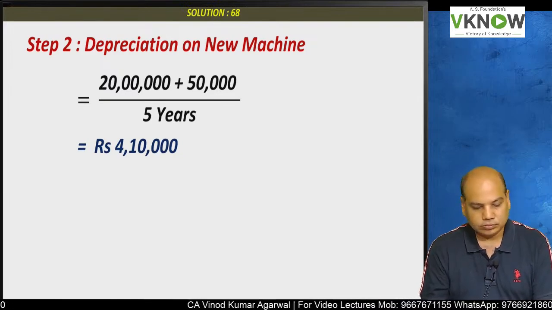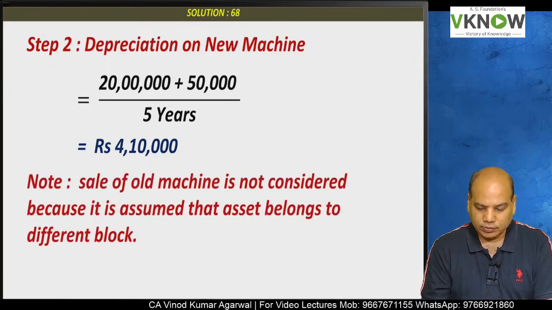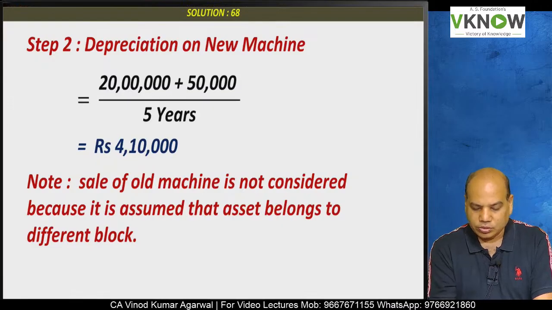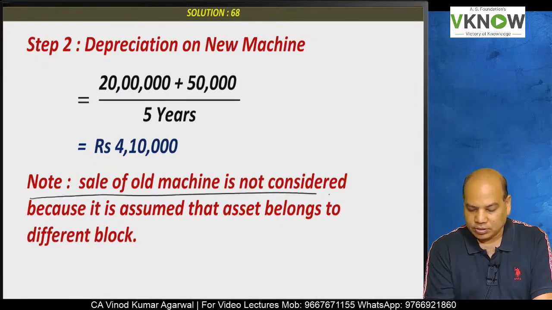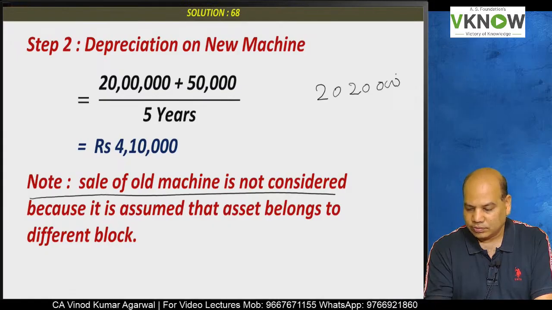Divide by 5 years: 4,10,000 each year. Then the student can ask me a question: why have we not taken 20,20,000?